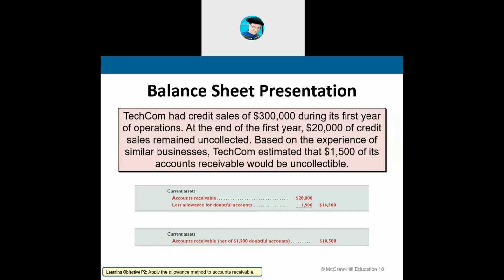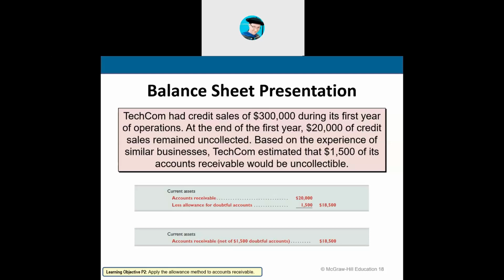Accounts receivable specifically is the amount that we expect to receive from our customers but have not yet received. That's what an accounts receivable is. So if we estimate that we will not be able to collect a percentage or a dollar amount of our accounts receivable, we would simply deduct it from our accounts receivable using the allowance for doubtful accounts.